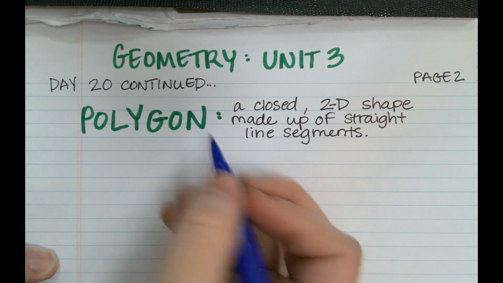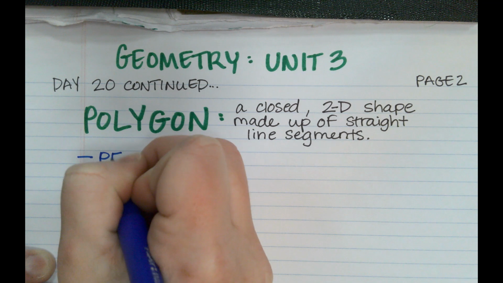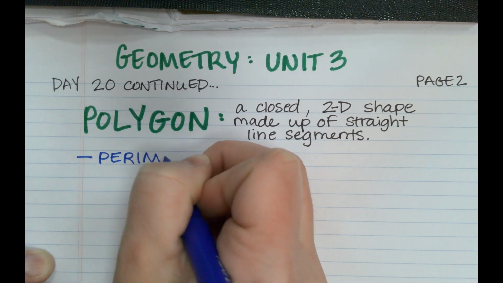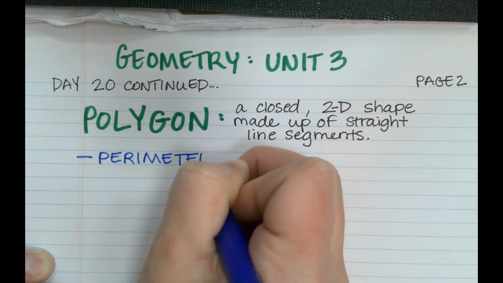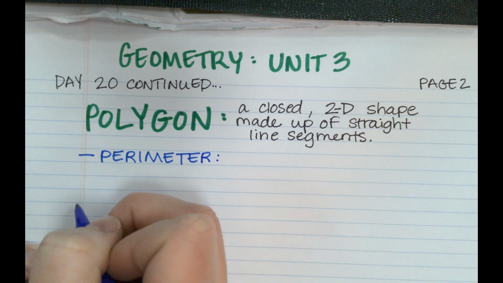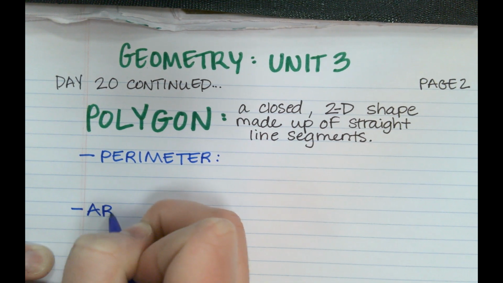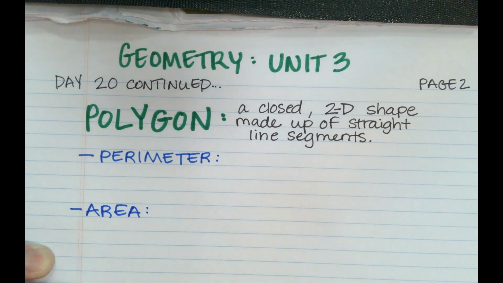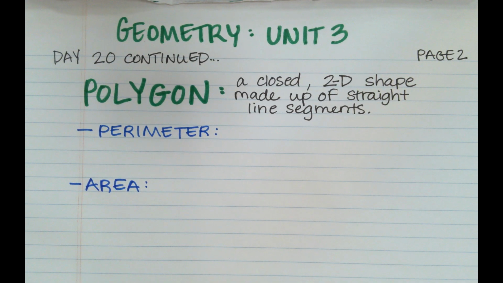We want to learn about perimeter, and then we're going to talk about area. Does anybody know what perimeter is? Yeah, it's the distance around the shape. It's all the sides added together.